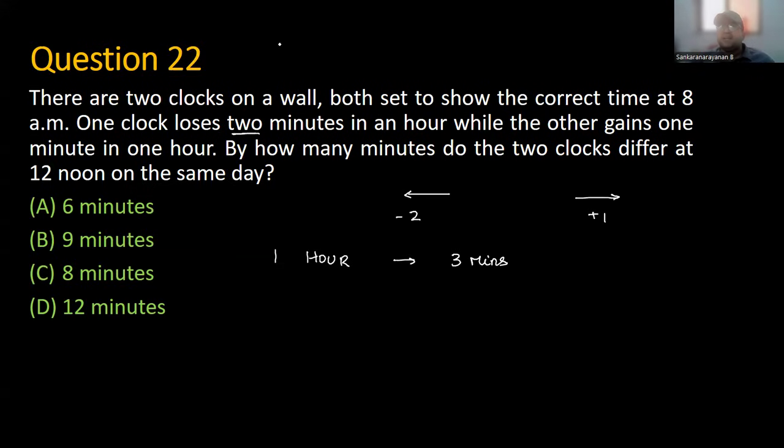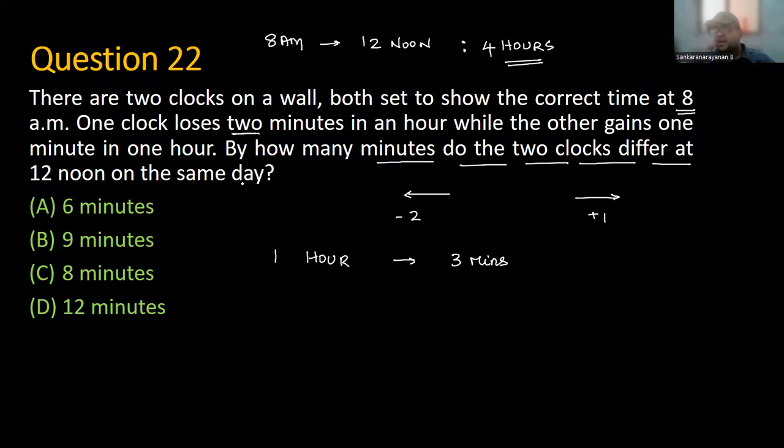You can see that the clock is set to show the correct time at 8 a.m. So from 8 a.m. to 12 noon, you can see that 9, 10, 11, 12. Altogether, we are dealing with 4 hours. All right. So in these 4 hours, the question is, how many minutes do the two clocks differ by in a 4 hour span of time?